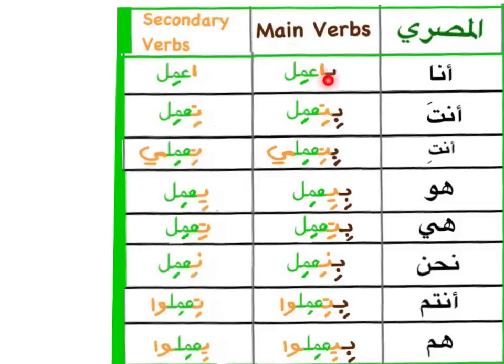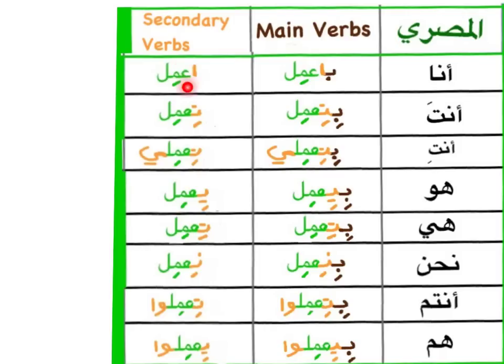The alif in orange is the prefix replacing the subject pronoun, the independent subject pronoun. أنت بتعمل. أنتي بتعملي. Notice it's a prefix and a suffix for أنتي. هو بيعمل. هي بتعمل. إحنا بنعمل. أنتوا بتعملوا. هم بيعملوا. And also we have combination.